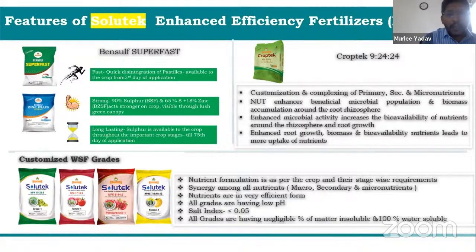In general, if you go by normal bentonite sulfur, its disintegration happens after 20 to 25 days of application. Due to that, plants are not getting sulfur in the form of sulfate for 20 to 25 days, and sulfur reduces the pH, reduces the calcium carbonate level and improves the soil structure. That doesn't happen for those 20 days.